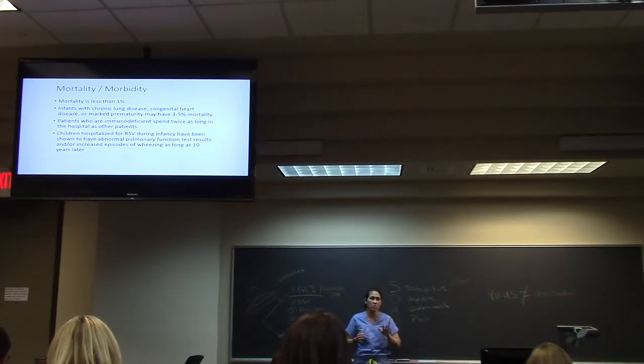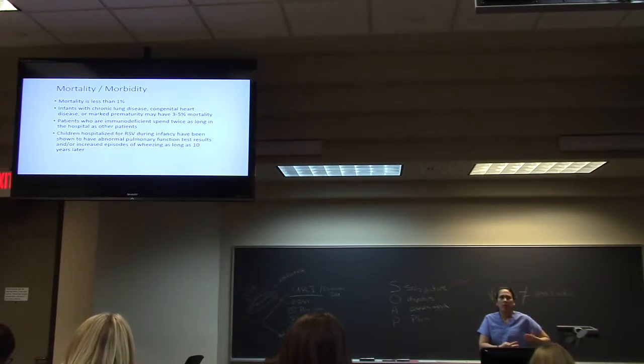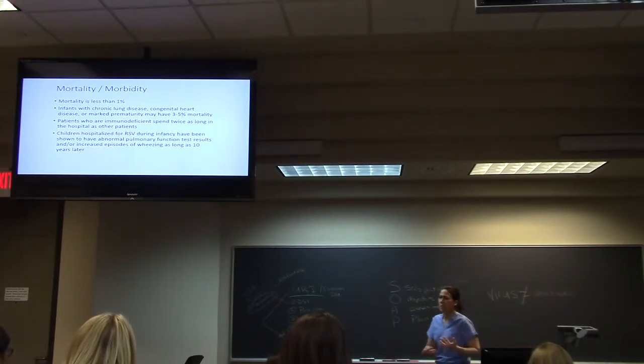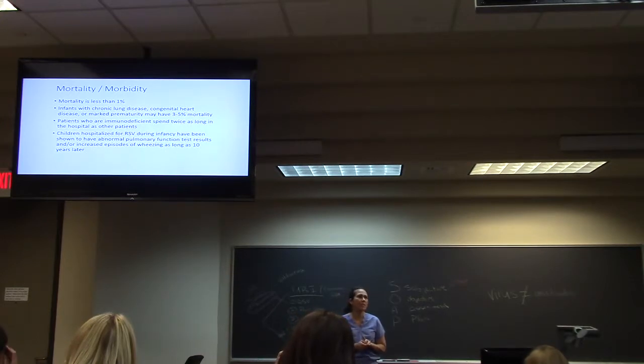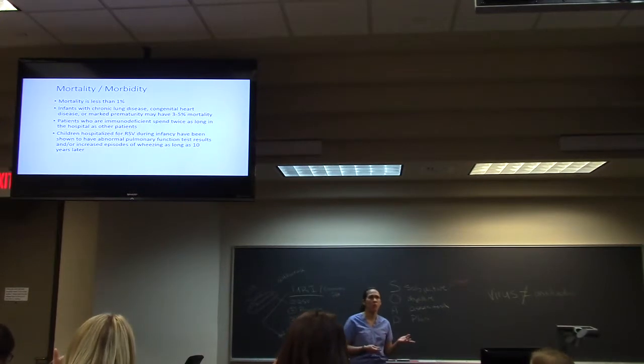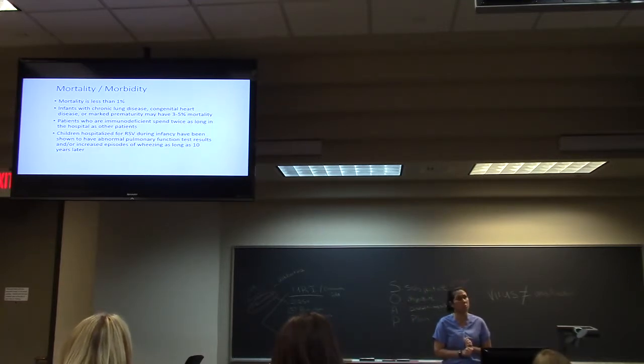If you ever had pneumonia as an adult, you know it's bad. Obviously, if they already have some kind of condition that makes them more susceptible or unable to fight something off as easily, such as lung disease, congenital heart disease, or prematurity, those can make them more likely to have more serious issues or even death.